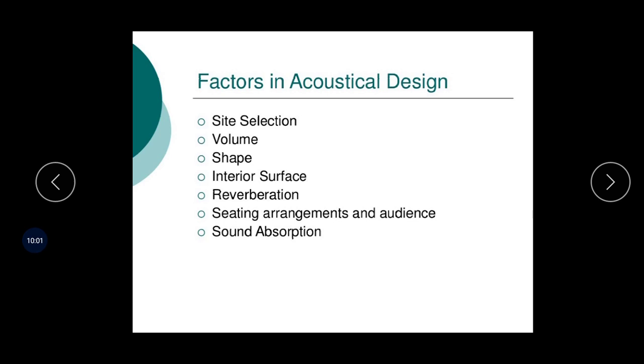Usually, the shape of an auditorium is expressed in terms of the ratio of height, width, and length. So here we can take the ratio between height, width, and length of the hall. Normally in practice, the ceiling height for a room or hall to be used for speech and music is kept varying from 1/3 to 2/3 of the width of the room or hall.